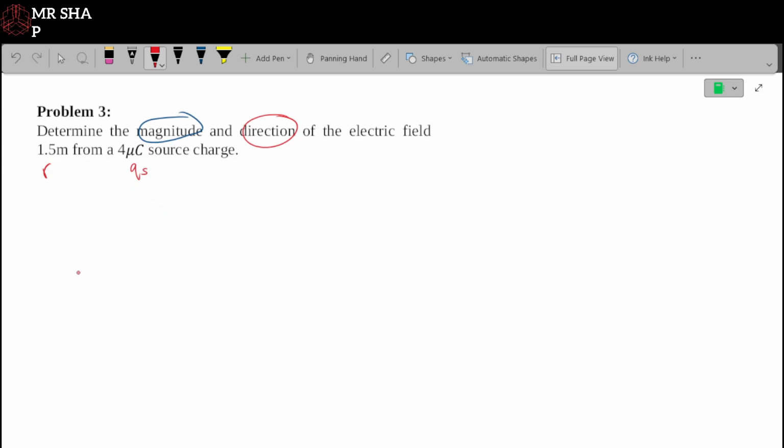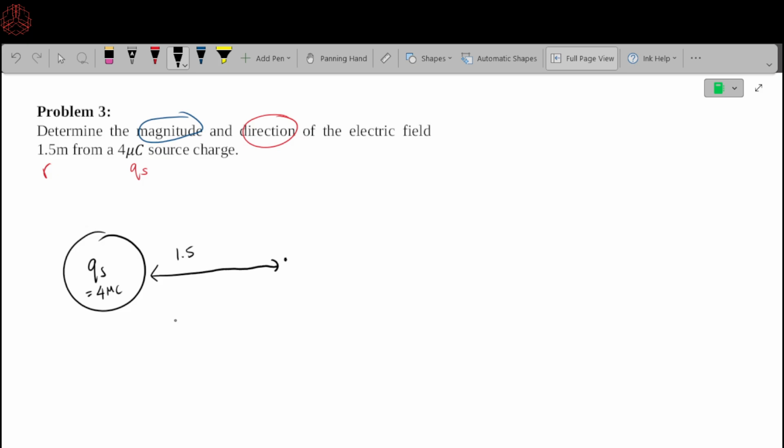It's best to just draw out what we have. I have the source charge QS, and then at some distance away, 1.5 meters, and QS has a charge of 4 microcoulomb.